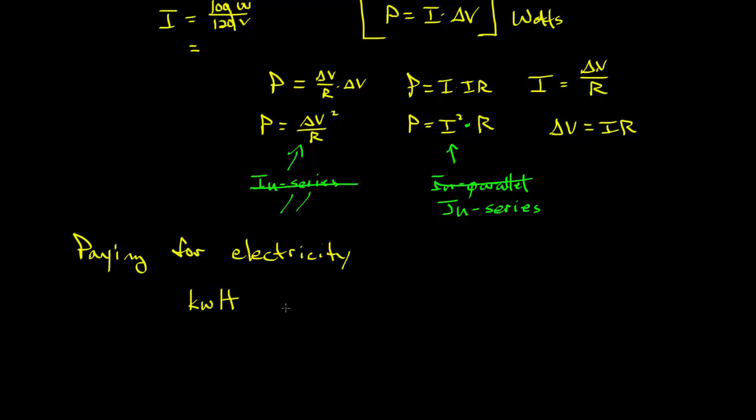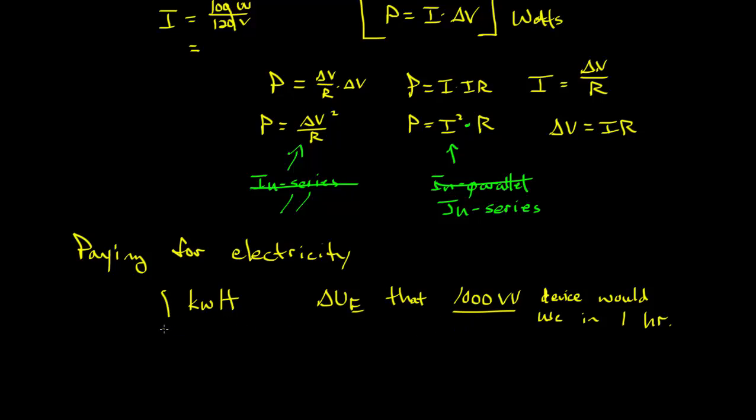That's the energy use, the energy that a 1,000 watt device would use in 1 hour. So there you go. 1 kilowatt hour is like 10 to the 6th joules of energy. All right, that's it. That's Joule's law.